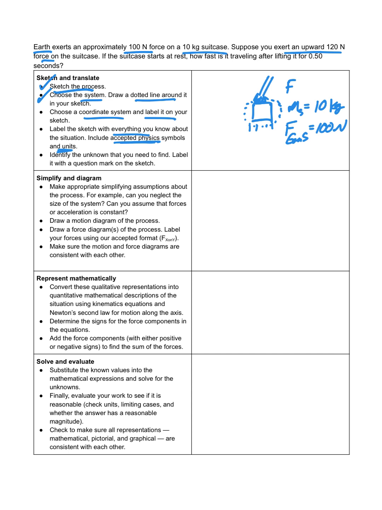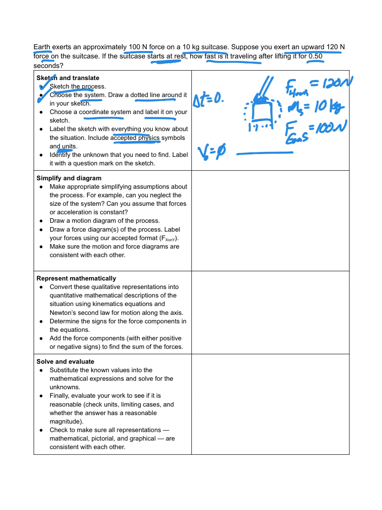So the force of the hand on the suitcase is 120 newtons. If the suitcase starts at rest, that tells me that as it's being lifted from the ground, its initial velocity is 0. How fast is it traveling after lifting it for this much time?